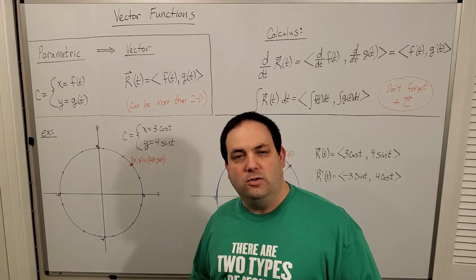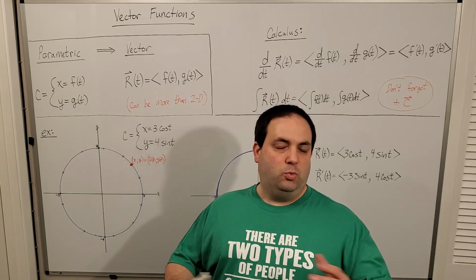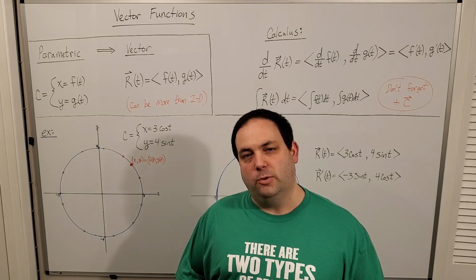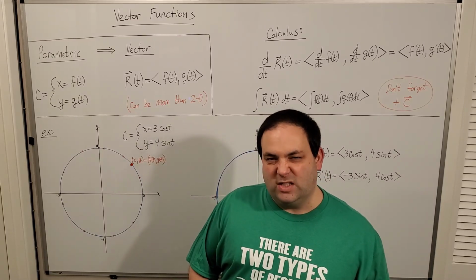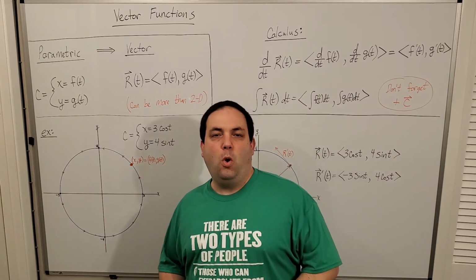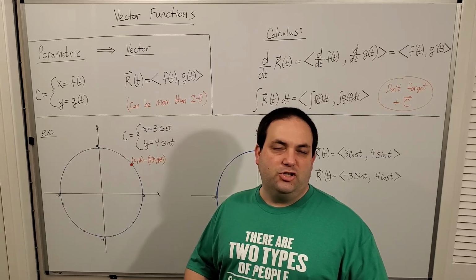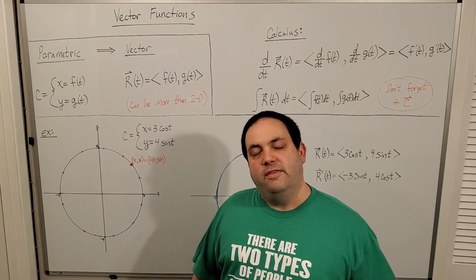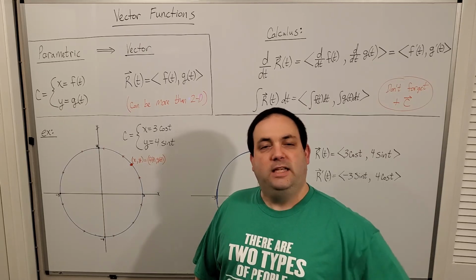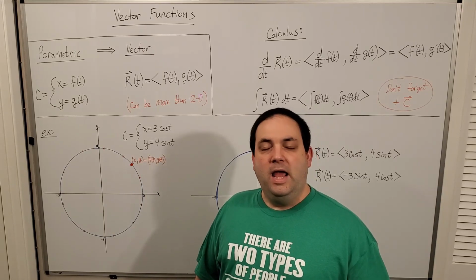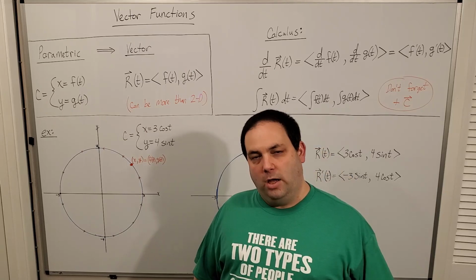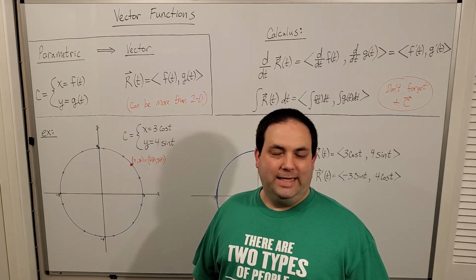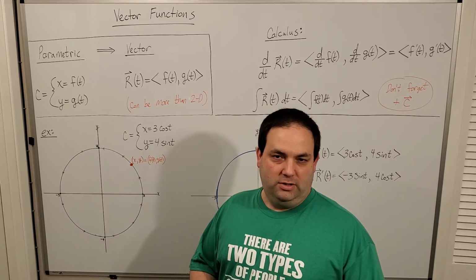On the side, we also did polar coordinates, which went along with parametric equations a little bit. Parametric equations was an upgrade to the way we think of functions and allowed us to include many more shapes, curves that weren't previously considered functions. And now another slight upgrade to parametric is vector functions.